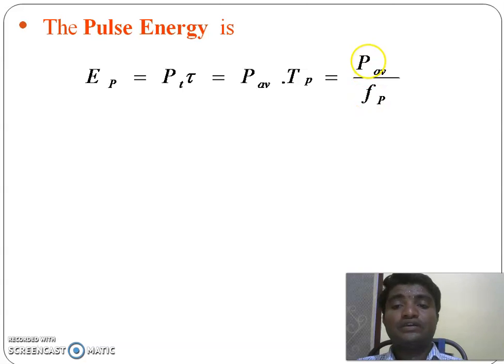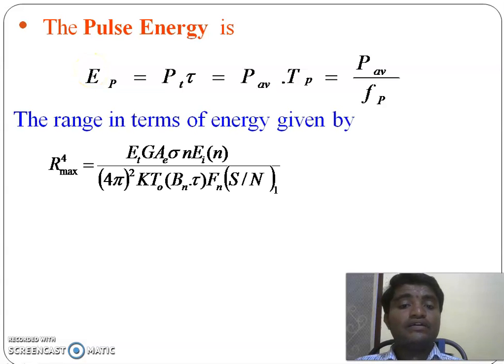By substituting P average by Fp as Ep, we can get Et G Ae sigma n Ei of n divided by (4 pi) whole squared k T naught Bn Fn S by N of 1, because we substituted P average by Fp as Ep or Et.